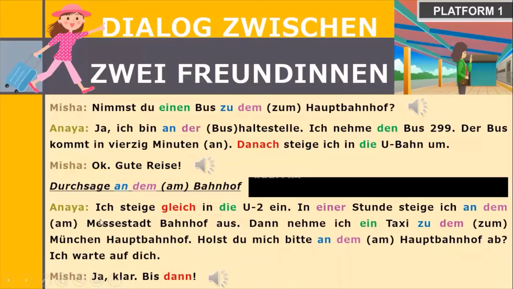So, when she hears the announcement at the train station, Anaya says, I'm going to board the underground train number 2 in about 2 to 5 minutes, because gleich is the time up to 5 minutes. In an hour, I'm going to get off at the train station of the city Messestadt.